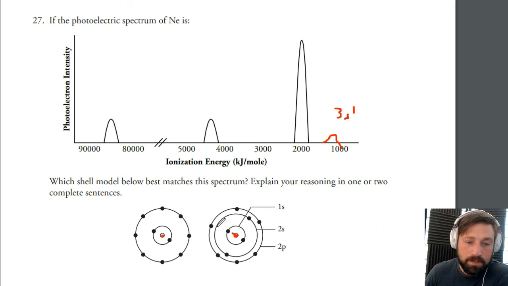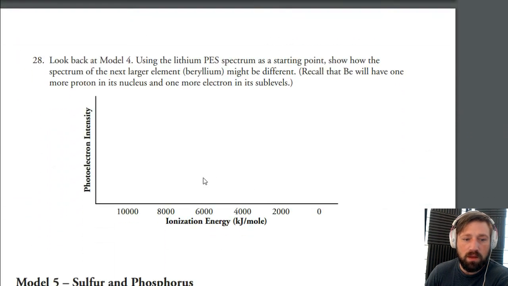So the charge went up by 1 because we added a proton, and that means this force is going to be greater. So this force for the 1s is somewhere between 90,000 and 80,000. So I'm going to shift it just a little bit, about right here.